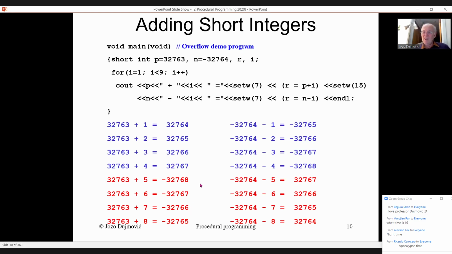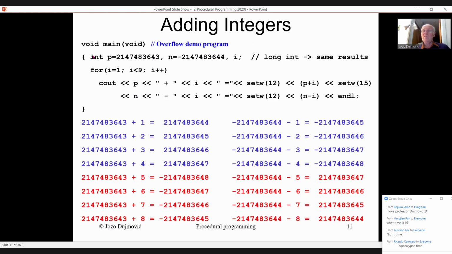And this happens always to everybody on all computers, and you have to be aware of that. This is an old story. I'm not going to waste my time on this. Here is the same situation with integers, but now the largest value is 2 billion. Other than that, everything is the same.